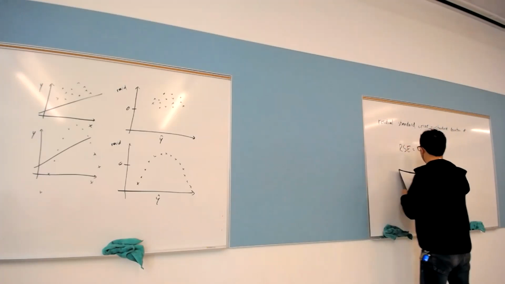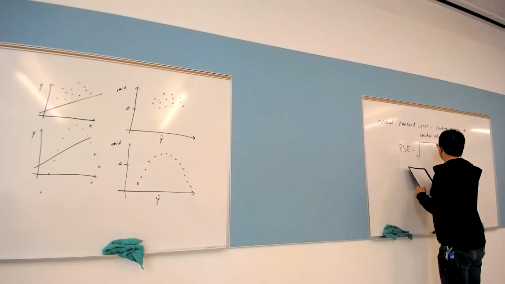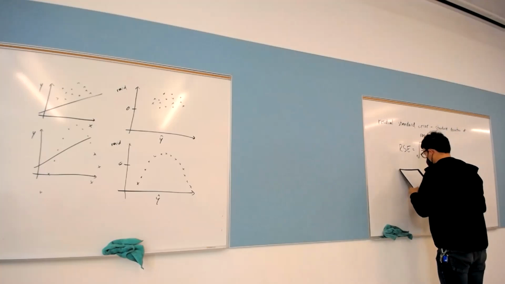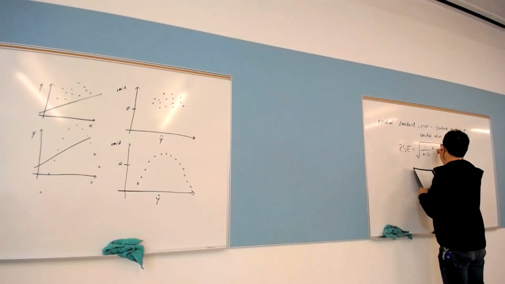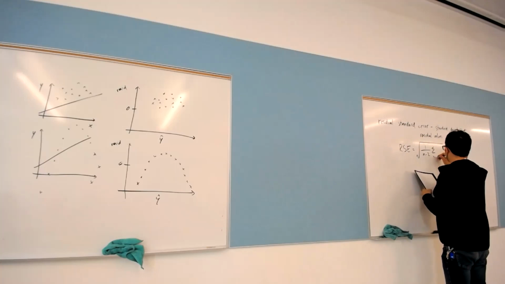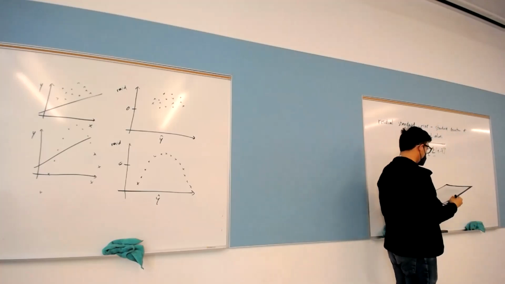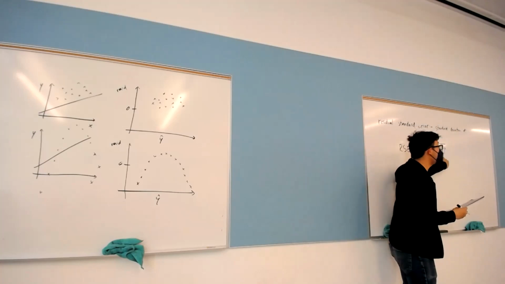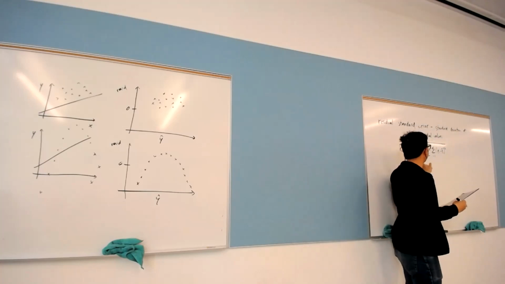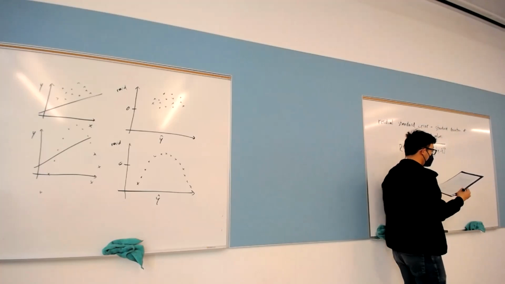Again, this isn't something that you need to memorize, but as a reference: square root of 1 over n minus 2, summing i equals 1 to n of (yi minus yi hat) squared. Okay, it's just your residuals squared divided by n minus 2, and then take the square root.